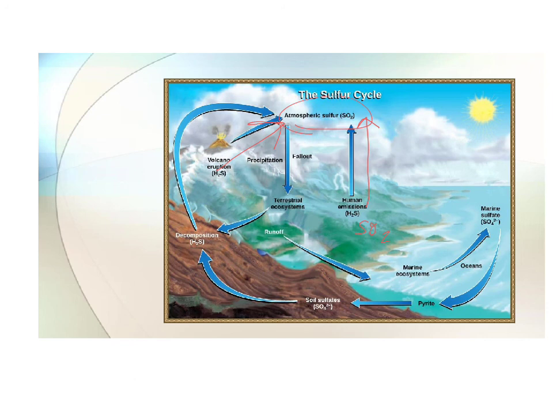So when we're talking about the sulfur cycle, the emissions can be natural or they can be anthropogenic. The word anthropogenic means man-created. So we've got precipitation and fallout into terrestrial ecosystems. This fallout is a nice way of saying acidic precipitation.